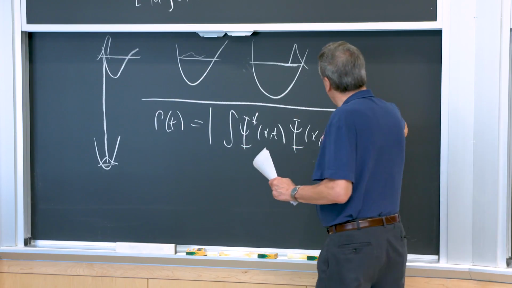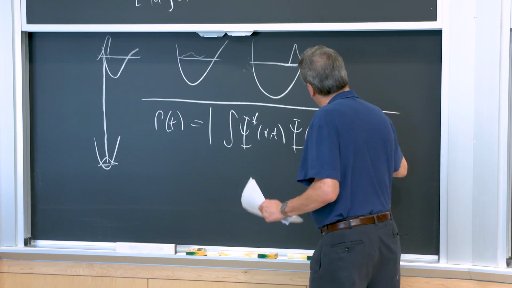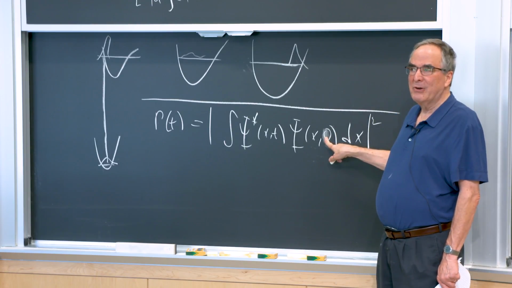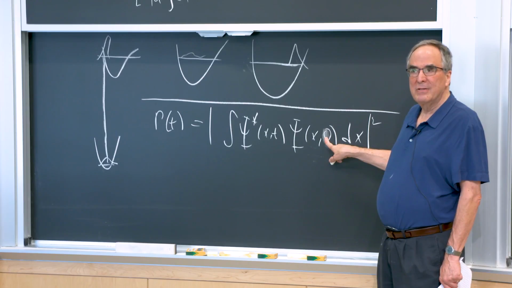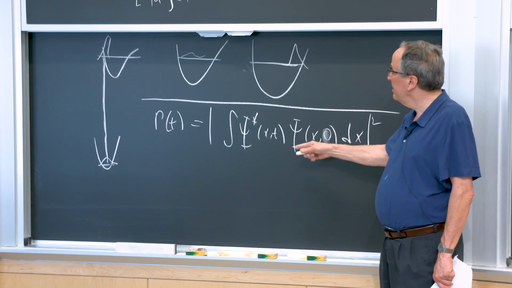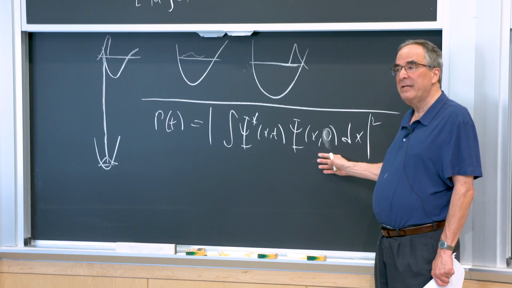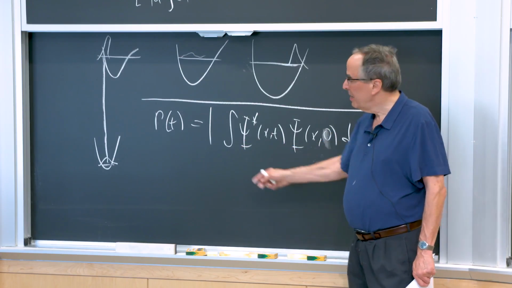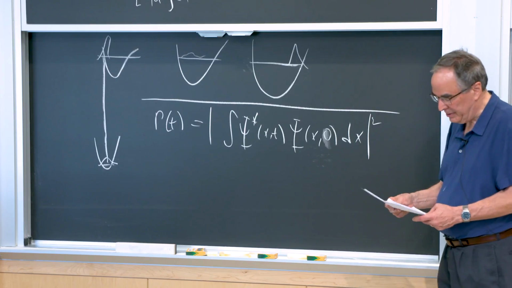Oops, I knew I was going to screw up. If I put a t here, then it would just be the normalization integral. And we already know what that is. But this is the birthplace. This is what was created at t equals 0. And this is the time evolving thing. And so we can calculate how that behaves.